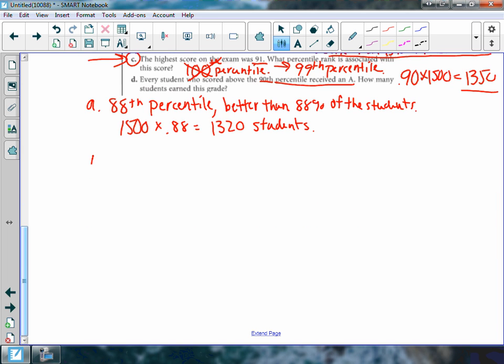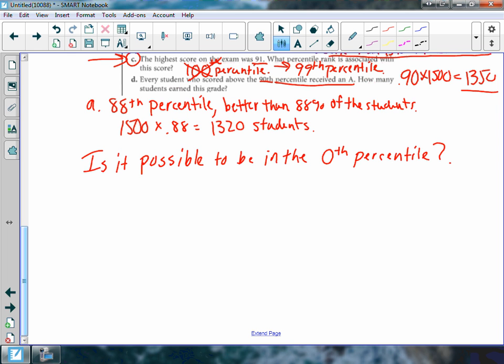Question, is it possible to be in the 0th percentile? Let's think about what that means. Is it possible for you to do better than 0% of the people that took the test?